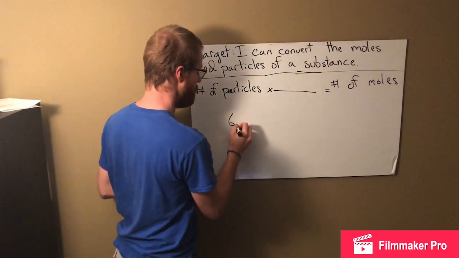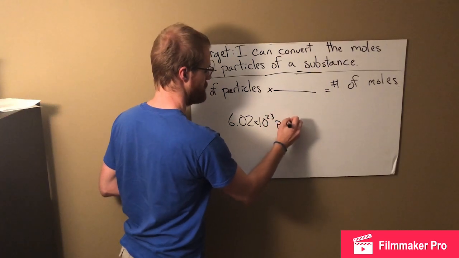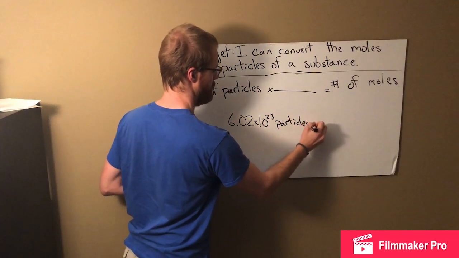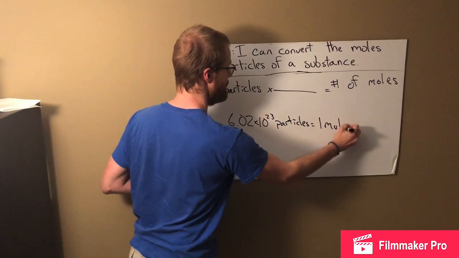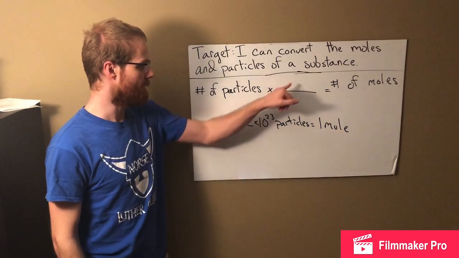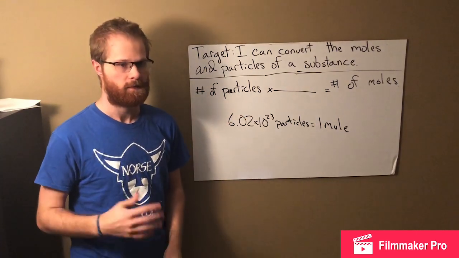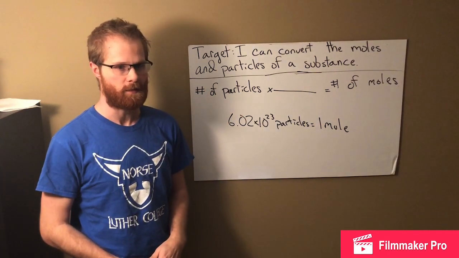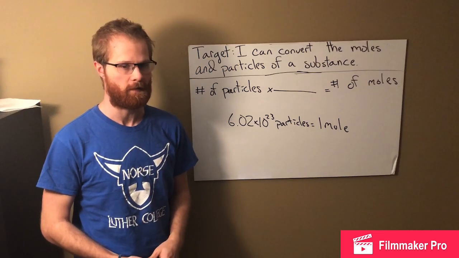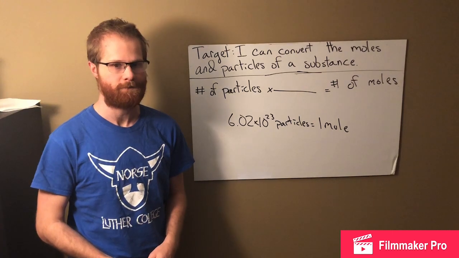Remember, there are 6.02 times 10 to the 23rd particles in 1 mole. They equal the same thing. So which of these numbers should go on the top and which should go on the bottom? Take a minute, try and figure out which is which, and more importantly, why. When you think you have the answer, you can start up the video again.